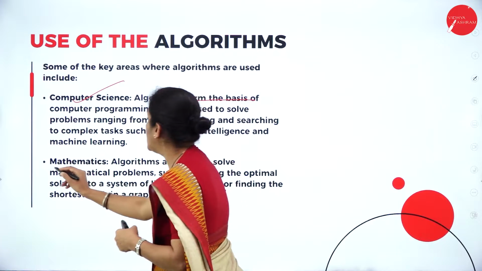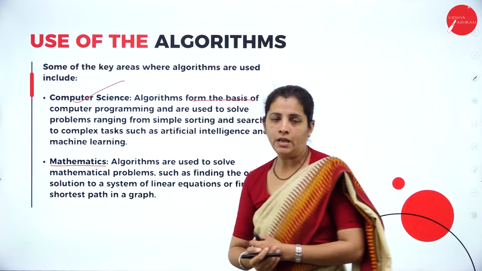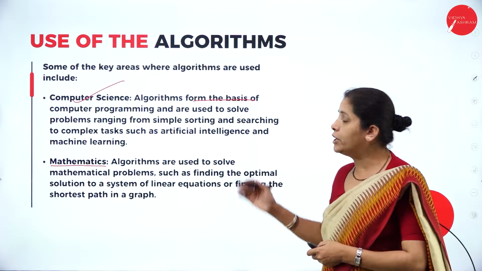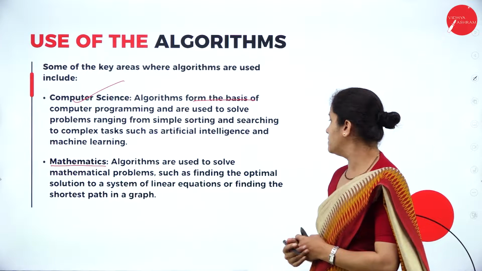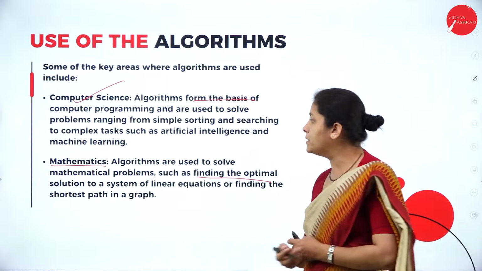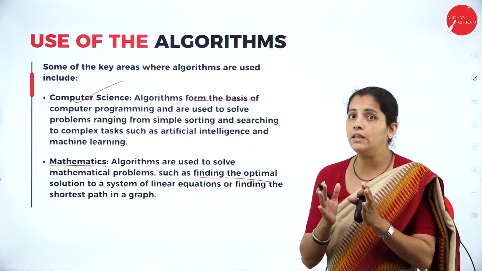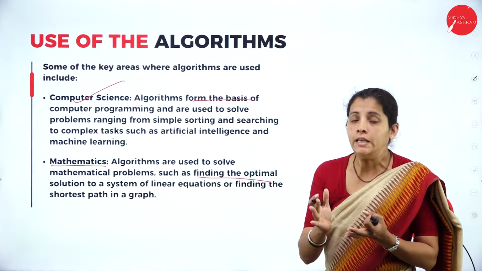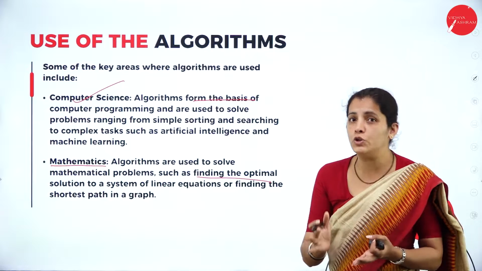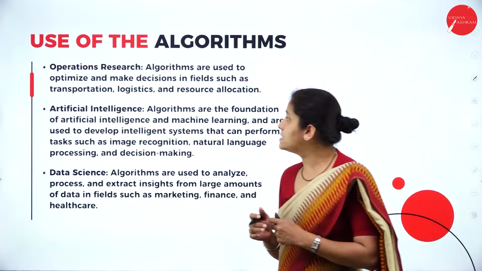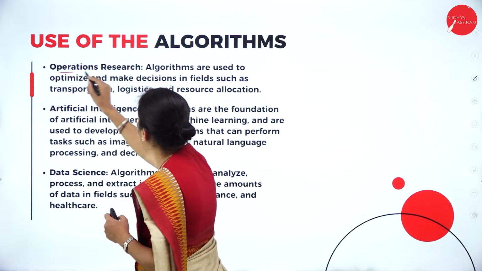Then, if I consider mathematics, in the mathematical field also we use algorithms, that is, for finding the optimal solution. There are certain times I want to find the exact solution instead of an approximate solution, and at that time I'll go with an algorithm. Next, we have operations research.